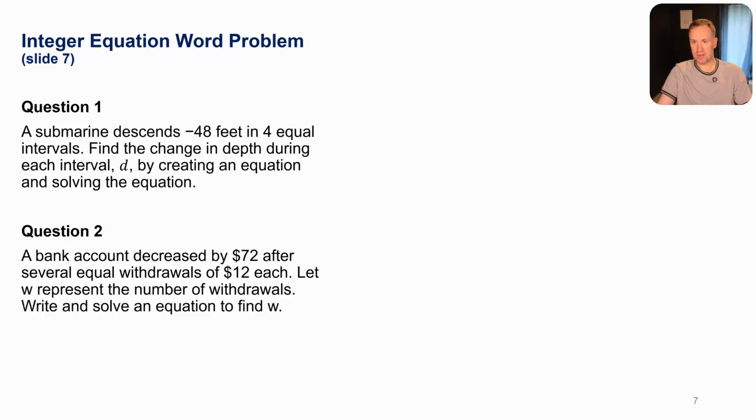So if I first draw this out to model it, the submarine is dropping -48 feet in total. We're then breaking that descent into 4 equal intervals. This is probably not drawn to scale, particularly at the end, but -48 feet downwards, and each of these intervals are the same amount of feet.